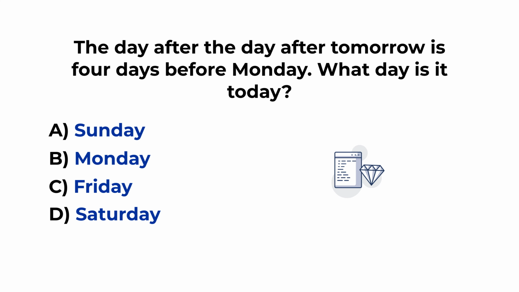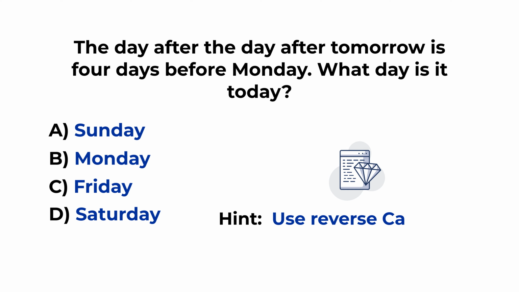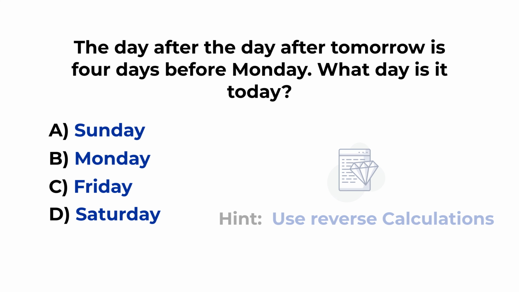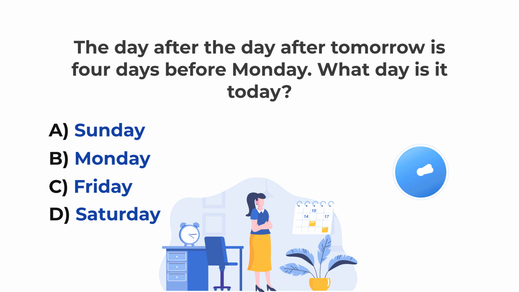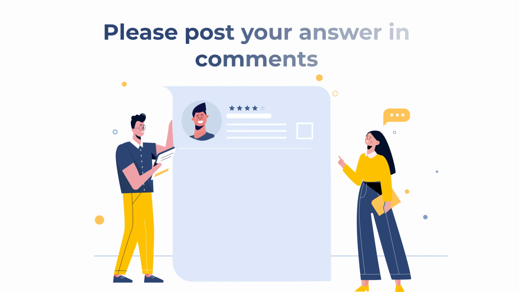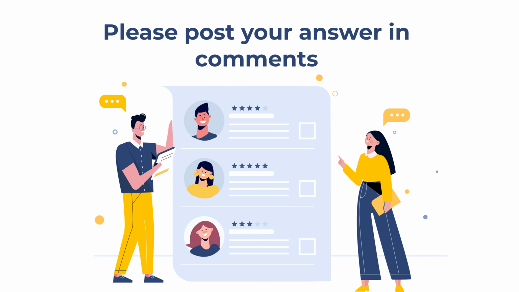I would like to give you a hint. The best way to solve these types of problems is using reverse calculations. Give yourself 10 to 15 seconds to see if you can come up with the solution. Make sure to post your answer as well as your rationale for solving this problem in the comment section of this video. Thanks for participating and good luck.